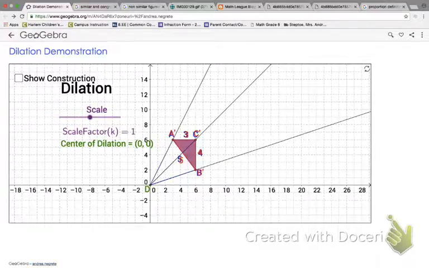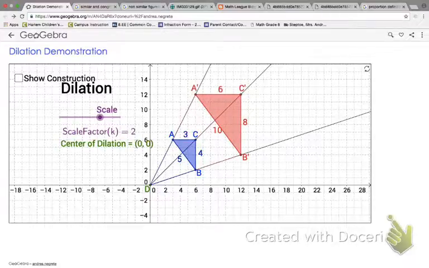So let's focus now on what happens to each ordered pair or each point of our image and our pre-image when we perform a dilation. So let's look at a scale factor of 2. So let's identify where A, B, and C are, and notice what happens to A prime, B prime, and C prime.